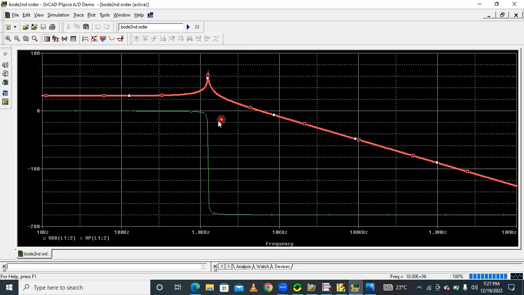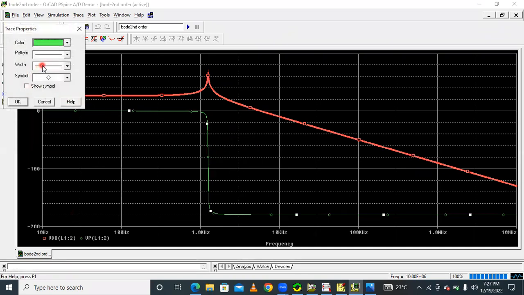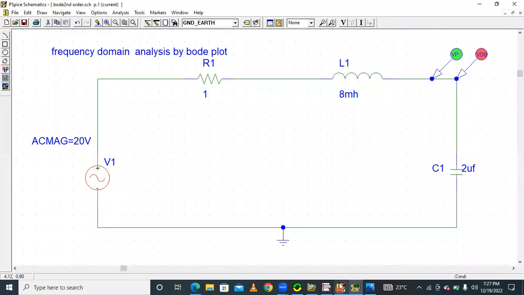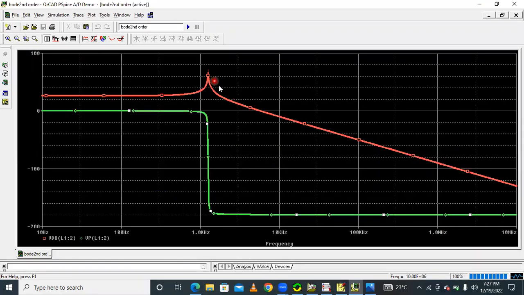To separate the phase plot and magnitude plot: in this schematic, VDB in decibels is the orange plot, the magnitude plot, and the green one is the phase plot.